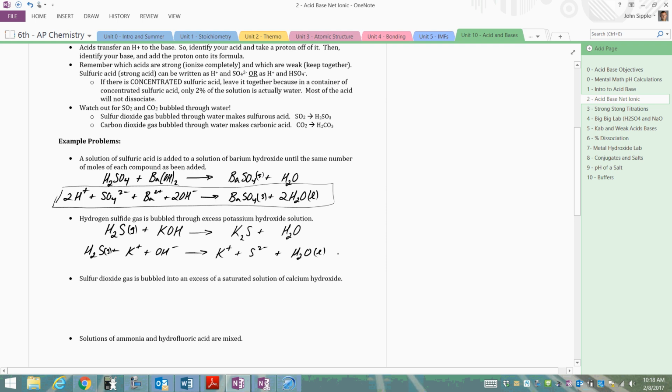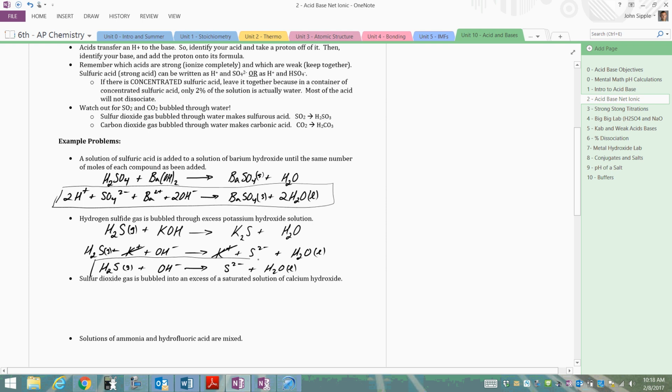So do we have spectator ions here? We want to get rid of our spectator ions, so we can get rid of K plus. Ultimately you've got H2S gas and hydroxide ions, and we're going to form sulfide ions dissolved in solution and water.